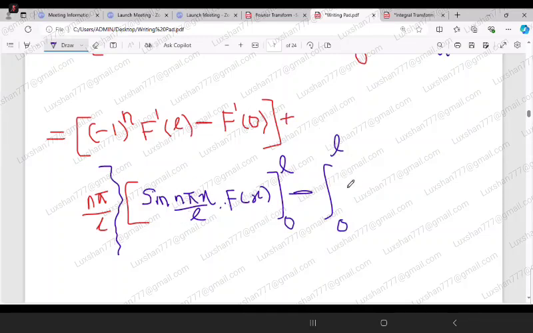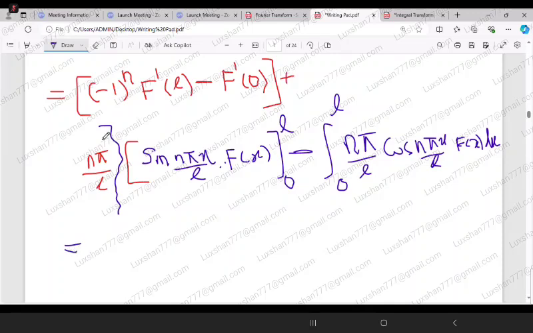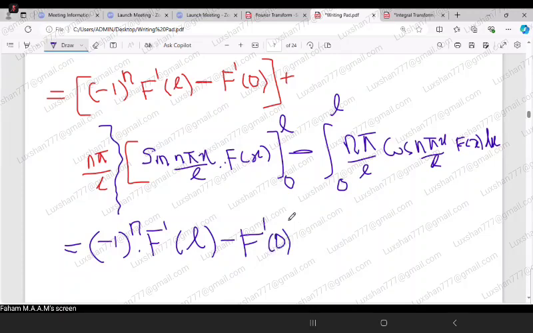So derivative of that one is, we know that, n pi over L cos n pi x over L, and then integrate that is fx. So this is equal to, so already I have this term, that is minus 1 to the power n f dash L minus f dash 0.